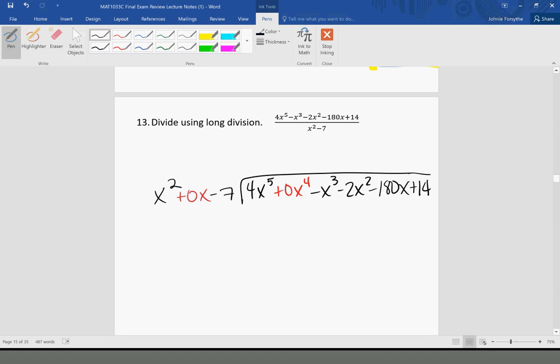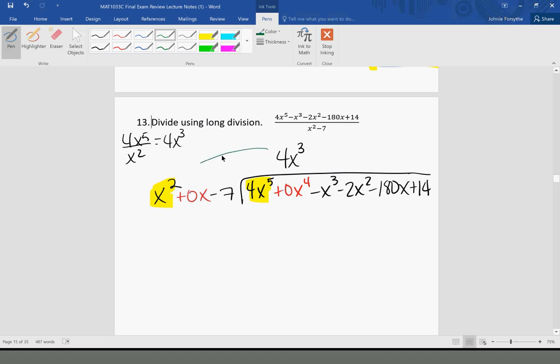Okay, so when you're dividing using long division, we start with the leading terms. So 4x to the 5th divided by x squared is going to give me 4x to the 3rd. Or you could think to yourself, x squared times what gives me 4x to the 5th? That would be 4x to the 3rd.